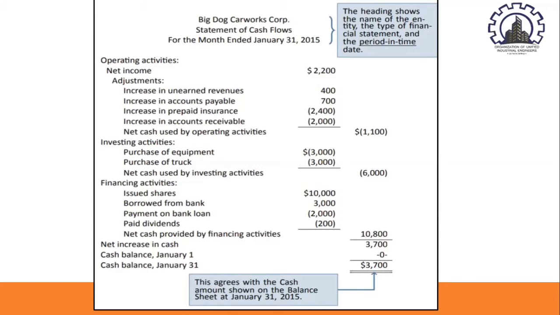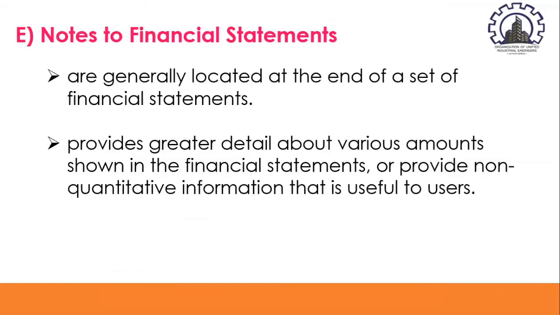All right. And finally, the last financial statement that we're going to be discussing today is the notes to financial statements. Essential parts of financial statements are the notes that accompany them. Notes to financial statements are generally located at the end of a set of financial statements.